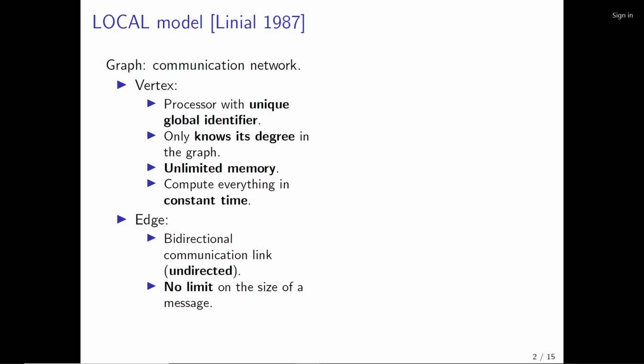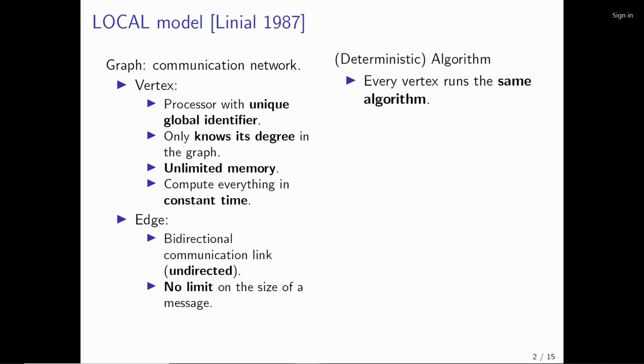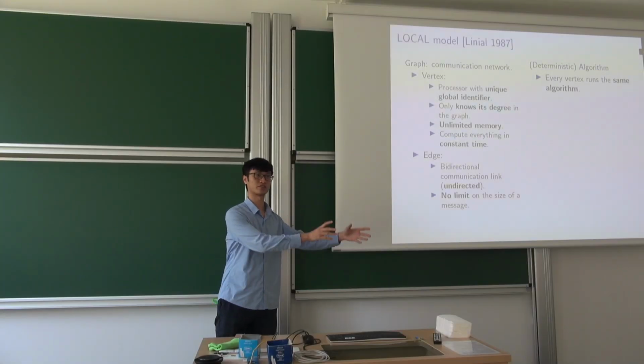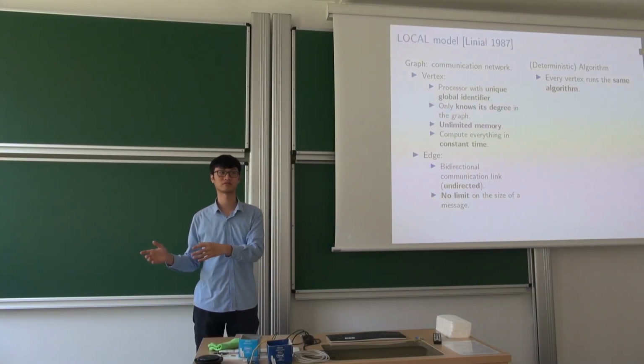Now, how can you define an algorithm on this model? An algorithm, first of all, in this model, every vertex executes the same algorithm. So there's no, hey, I give some special algorithms to some special vertices on my graph.